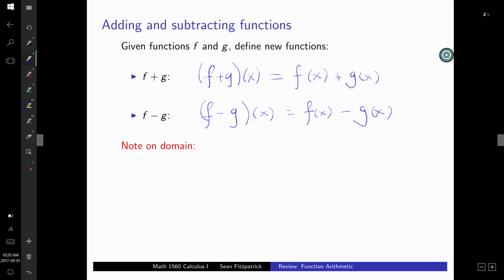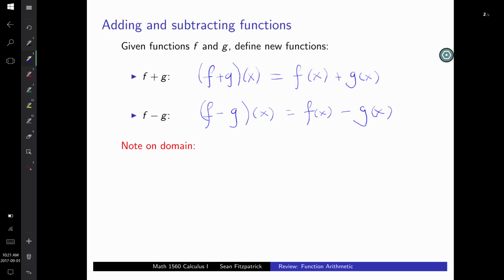Okay. Now, notice that if we want these things to be defined, I need to know something about the domains of f and g, because f of x needs to be defined, g of x also needs to be defined, and that means that we can only consider values that are in the overlap of those two domains. So there certainly will be situations where you can't possibly add the functions together if the domains don't overlap.